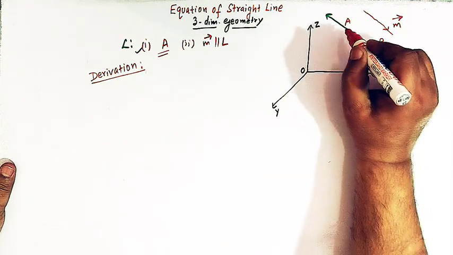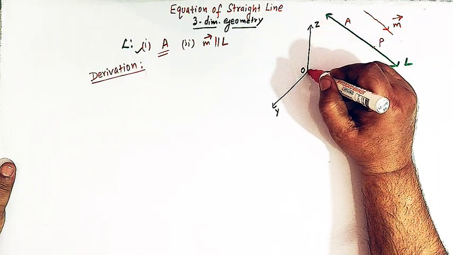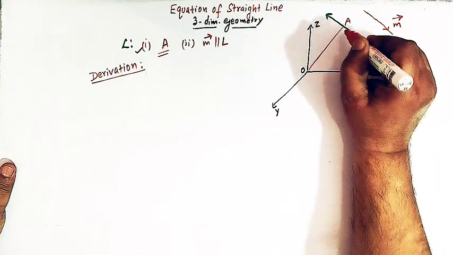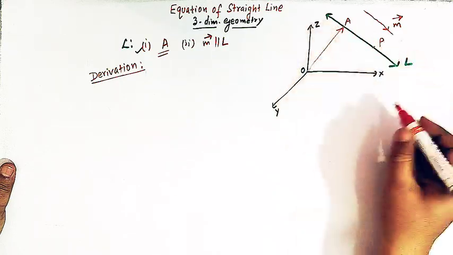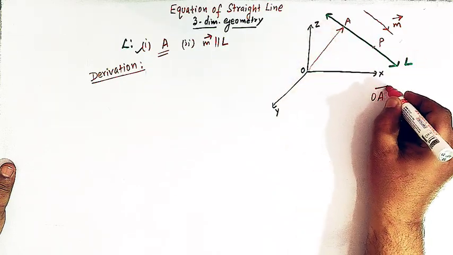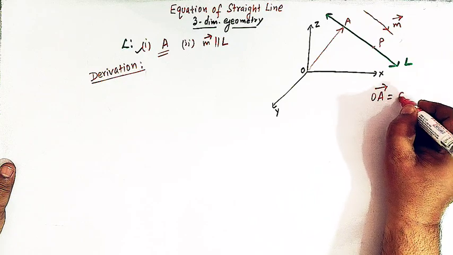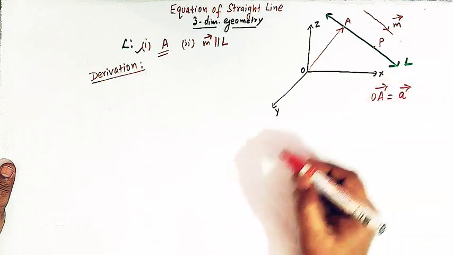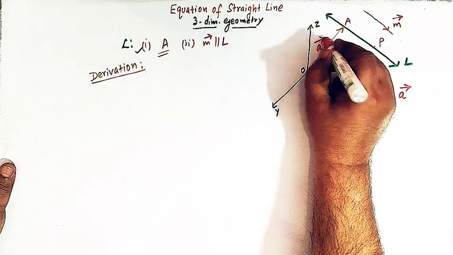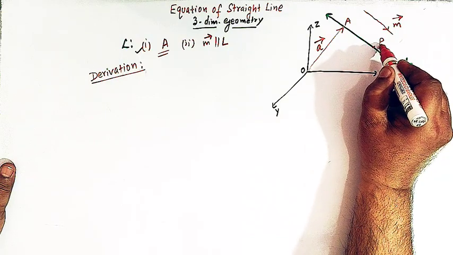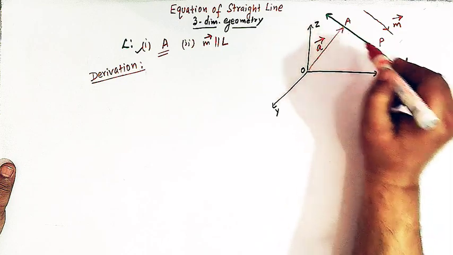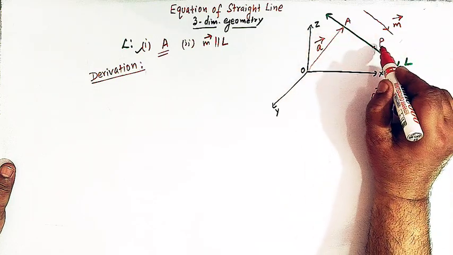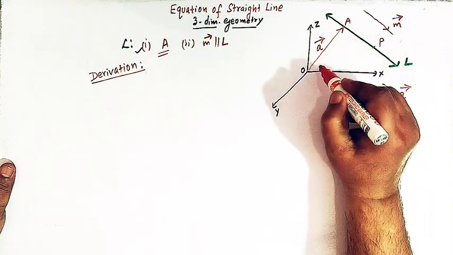So now here we have the point A. The position vector of point A can be drawn like this. This is vector OA, which we take as vector A. Now here we have the point P, which is a general point lying on the line, or we can call it the arbitrary point.